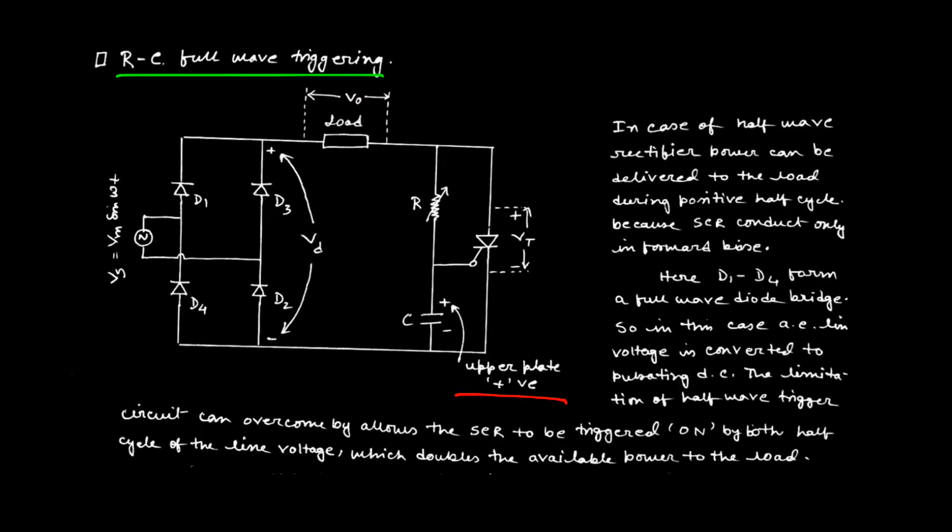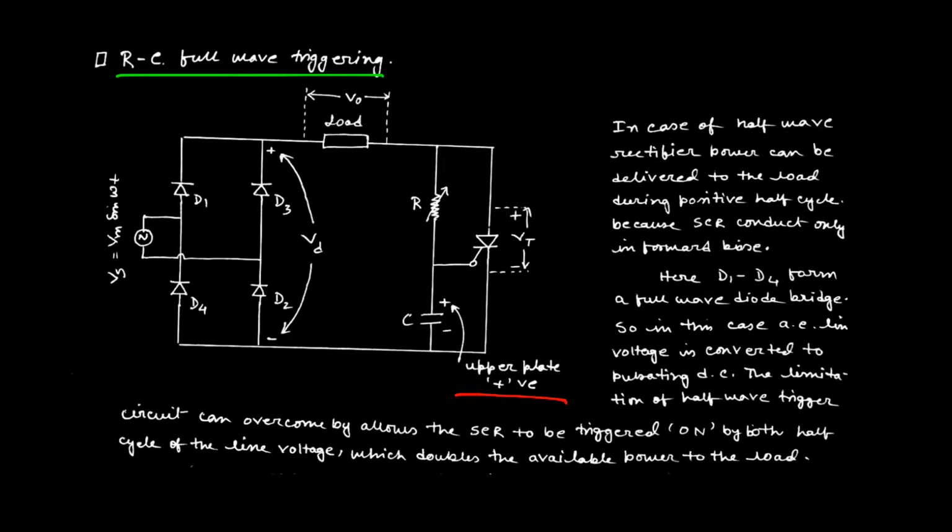In the previous discussion the lower plate was positive. This is the basic difference in the utilization of the capacitor in this circuit, where the upper plate is positive. And the gate is connected to the midpoint of the resistance and the capacitor.